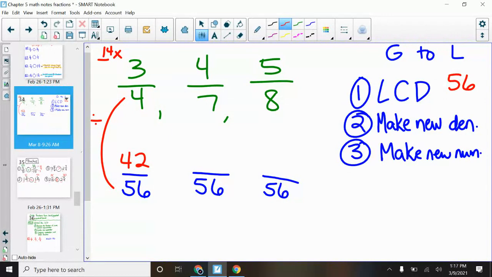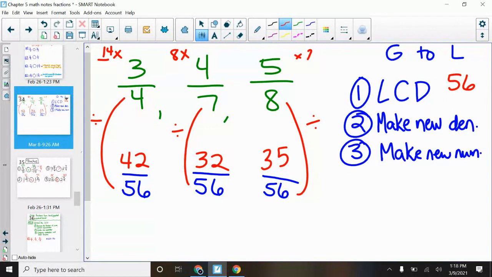So let's do that same thing again for the middle. 56 divided by 7 is? 8. 8 times 4 is? 32. That's your new numerator here. Last one. Let's divide here. What do we get? 7 times 5 is? That's your new numerator here. 35. Pretty easy.